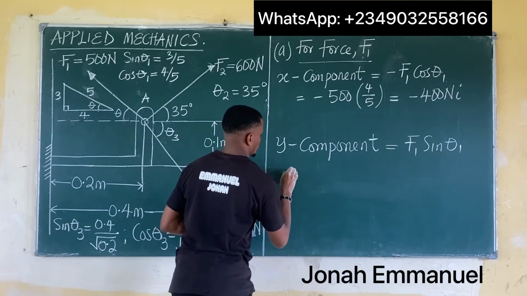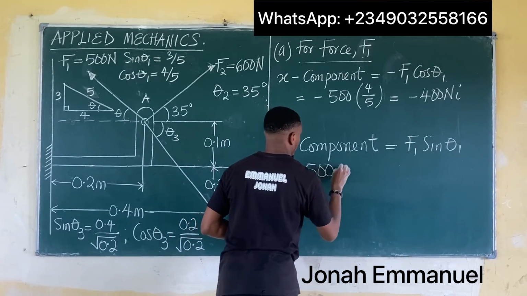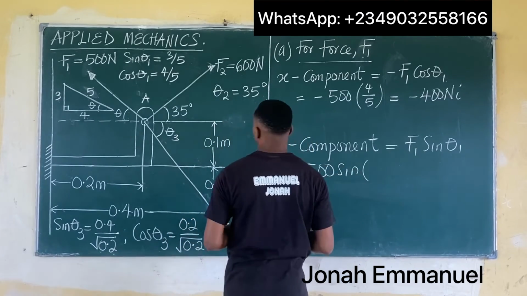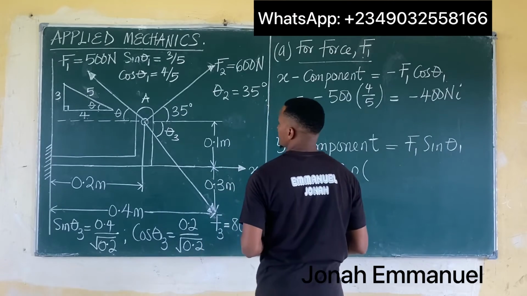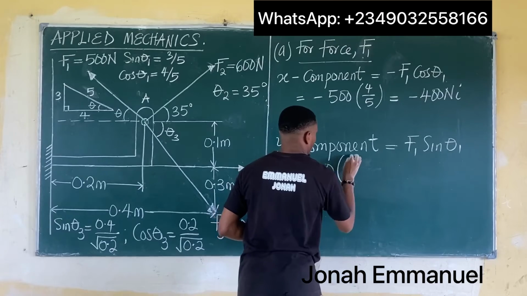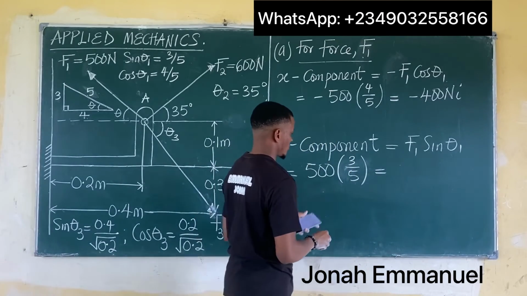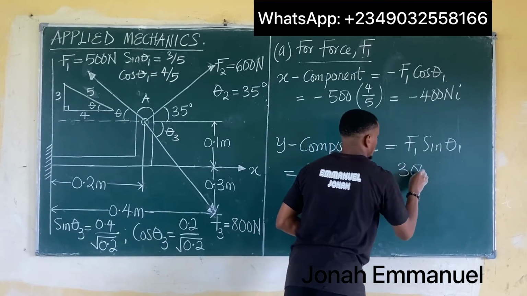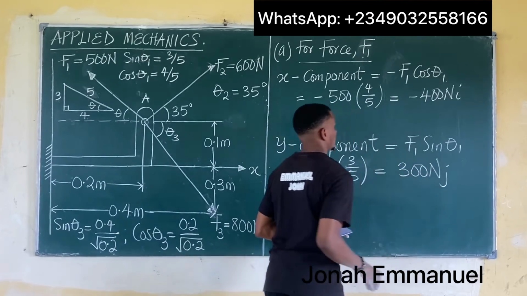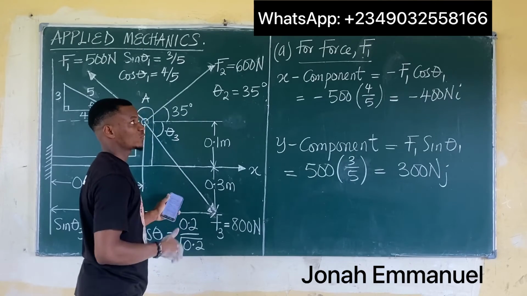And that will be equal to 500 sine theta 1. Sine theta 1 is 3 over 5. And this will give you 300 Newton J. So we've gotten the x and y component of force 1.